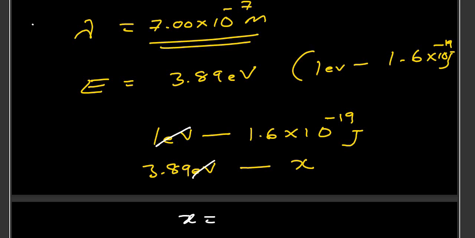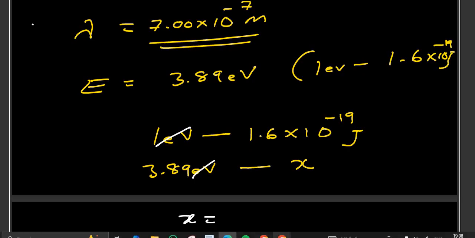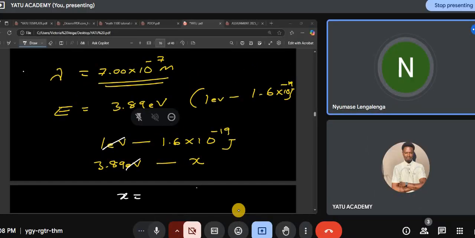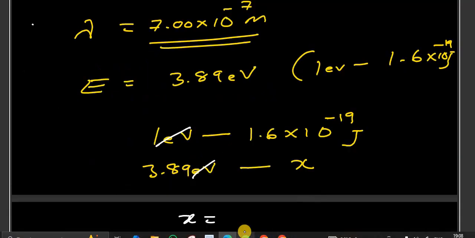Okay. 6.224 times 10 to the power negative 19.